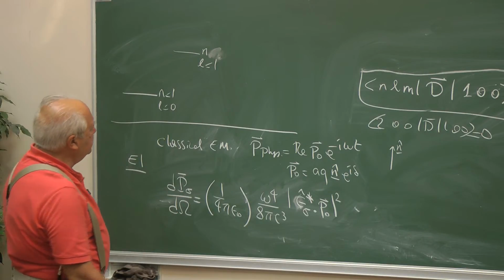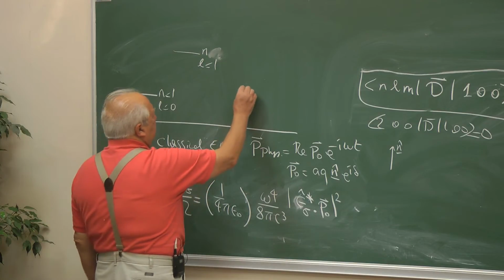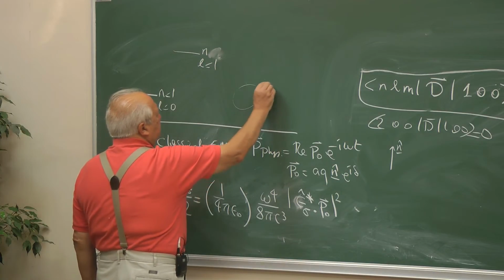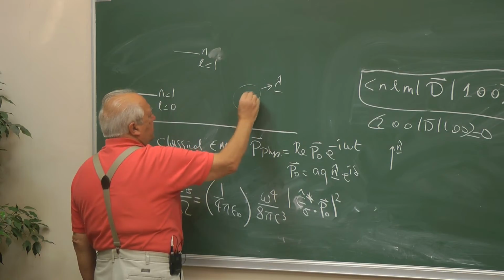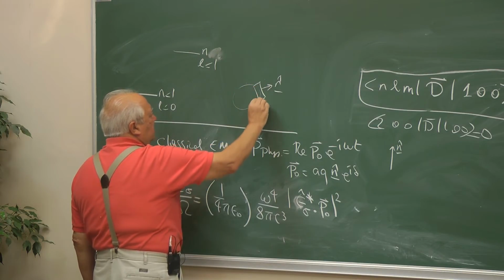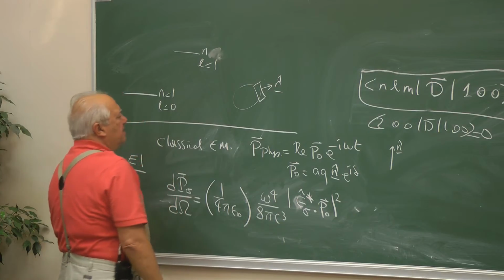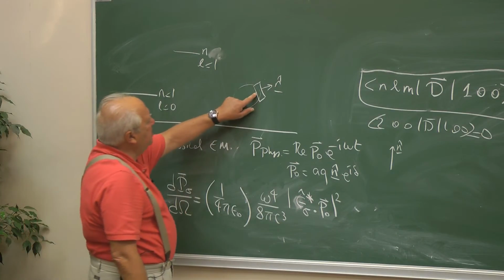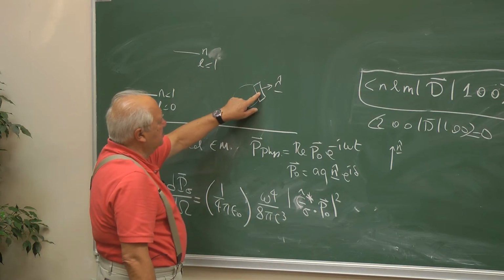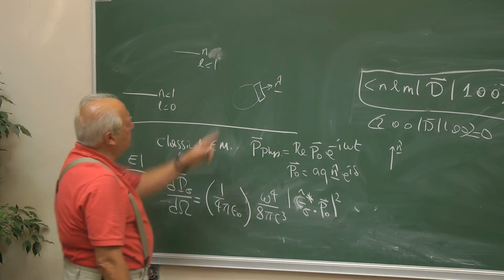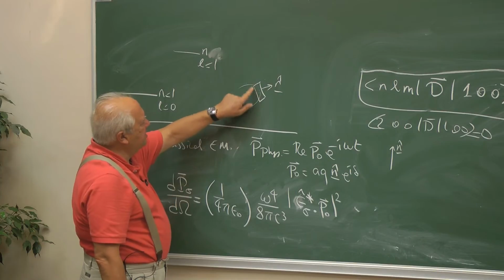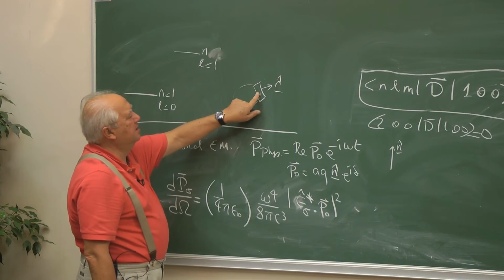You see, the classical radiation is like this. Suppose you are looking at an arbitrary direction r. Of course, you are far away from the source, and then the field vectors are in a plane perpendicular to this r. So if you are looking at an r, you can take the polarization vectors in this plane.